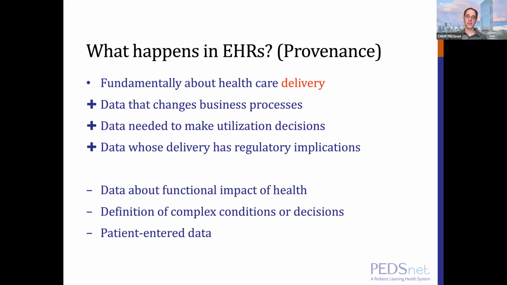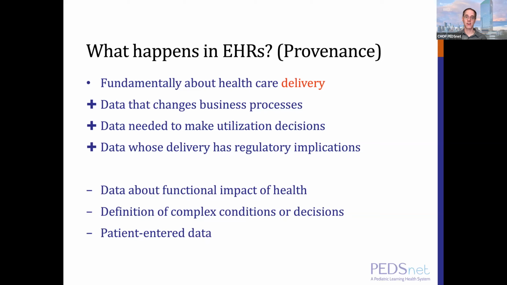On the other hand, there are spheres in which EHRs are less representative, right? So relatively speaking, EHRs tend not to be so good at capturing data about the functional or occupational impact of injuries, of illnesses, of healthcare delivery, because those things tend to happen outside the healthcare institution and don't discretely affect delivery. It can be hard to capture complex conditions or complex medical decisions because the pieces may be fragmented into different places in the EHR.